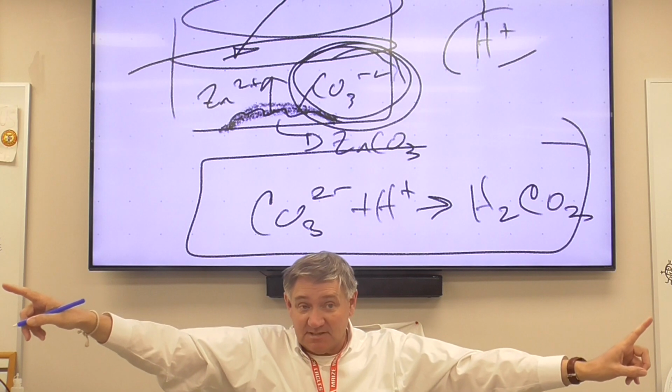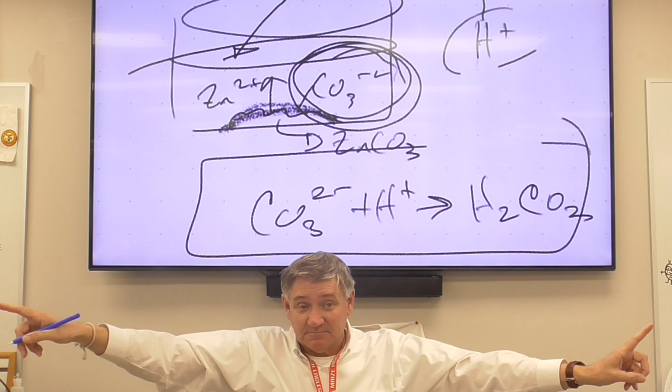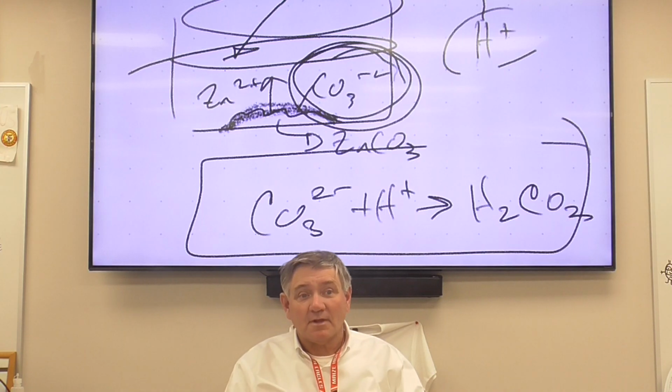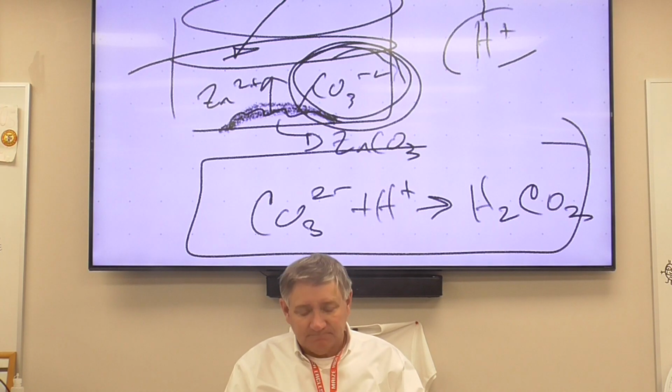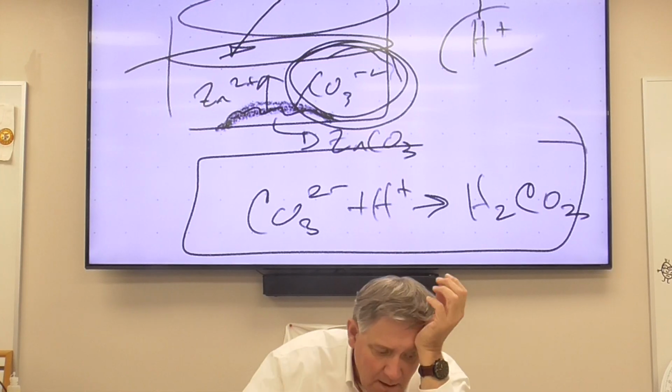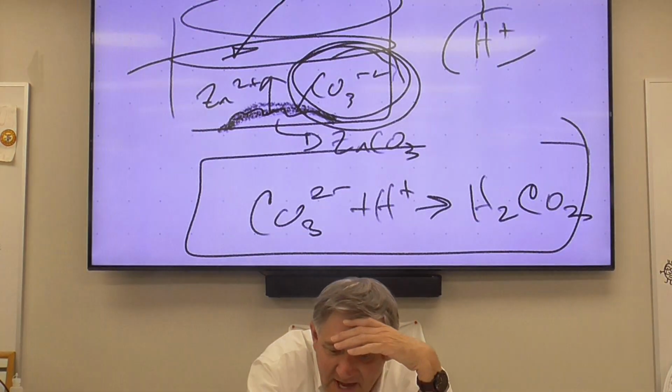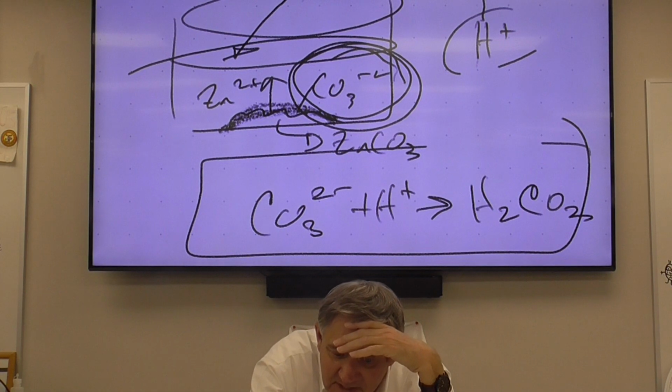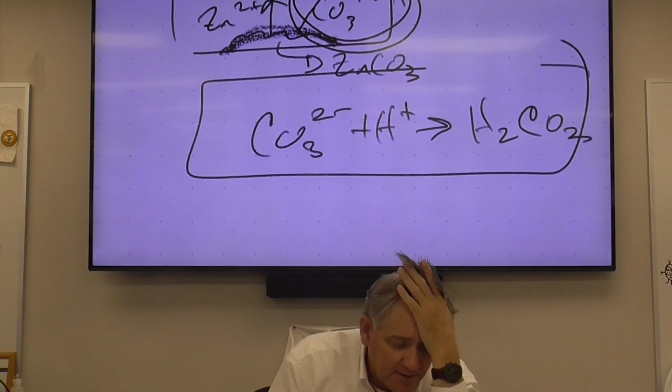Does that make sense, Kevin? So then if we added a couple drops of NaOH in there, would it reform? Yes. All right. Now, when you look at the next one, you've got BiI3.